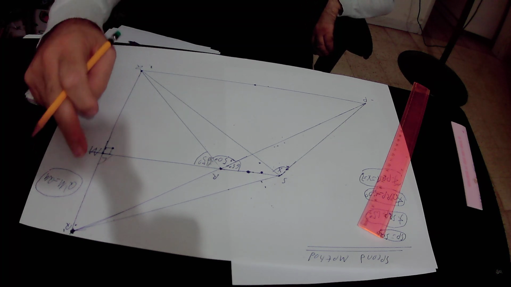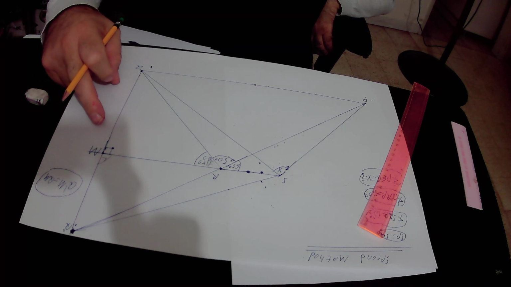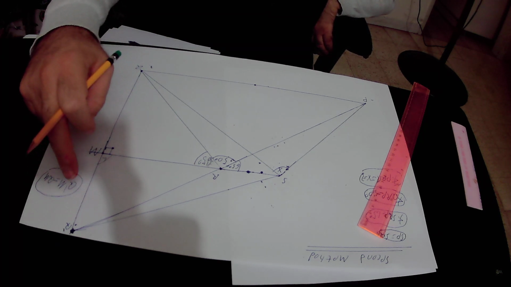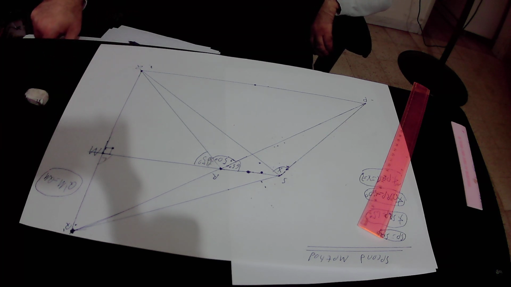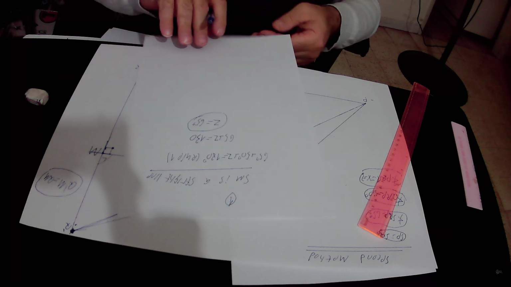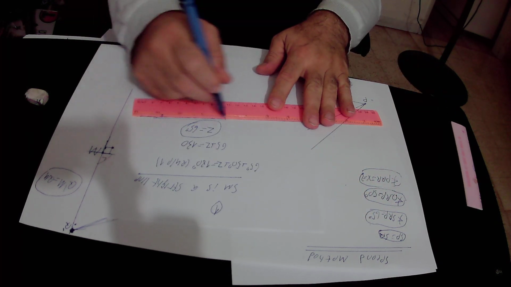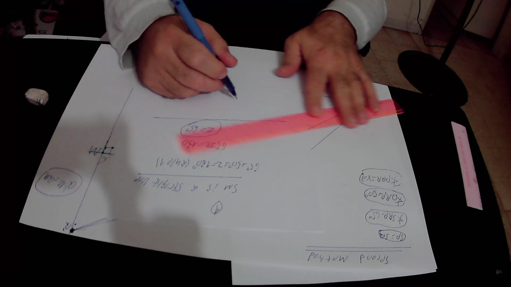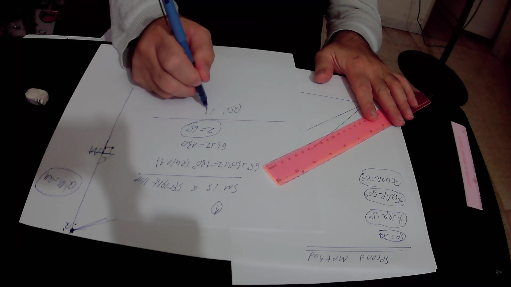Therefore, QQ dash must also be a straight line because we extended the straight line QM by a straight line. So line segment QQ dash is a straight line.